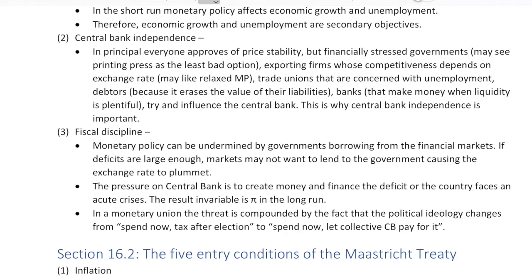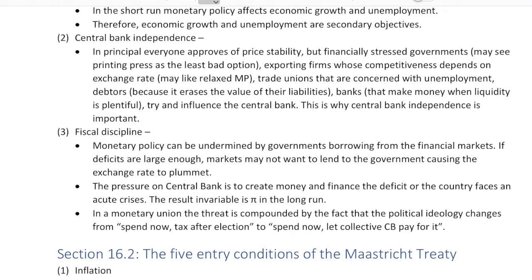Okay. A third group of people that would benefit from unstable prices, and just to clarify, none of these players are necessarily beneficiaries of unstable prices, but they're beneficiaries of economic events that cause unstable prices. Okay, so trade unions that are concerned with unemployment also like relaxed monetary policy, because the lower the interest rate, the higher the investment, the higher the jobs.